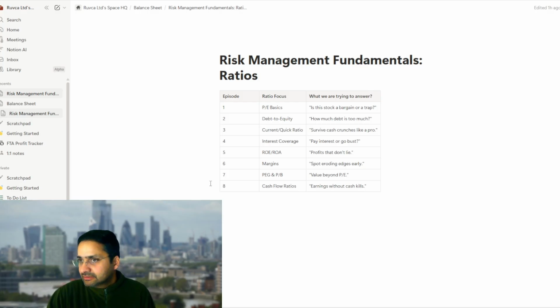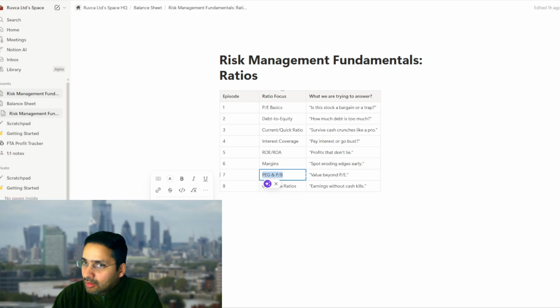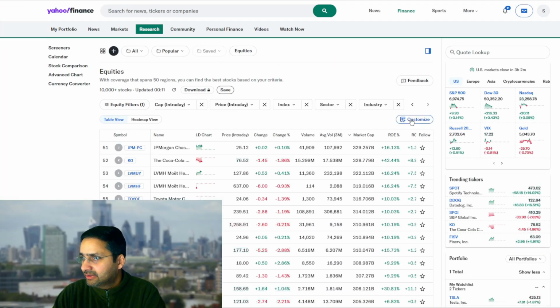Now the next thing we are going to discuss is, actually before that we should look into how the margins look in Yahoo Finance.